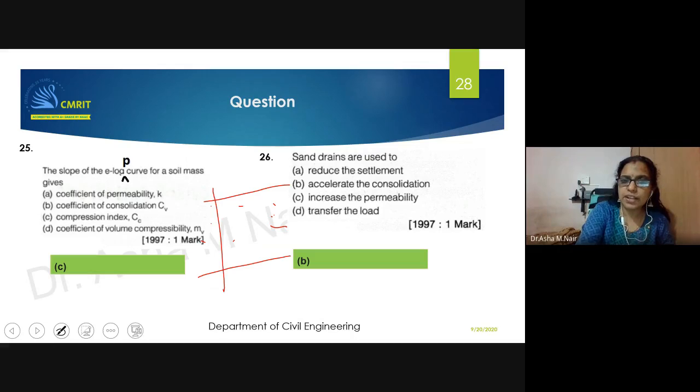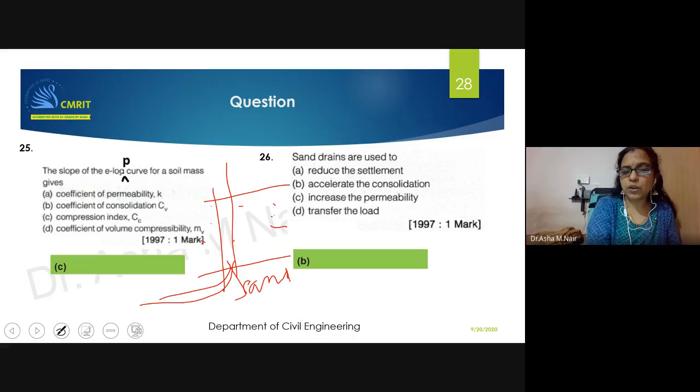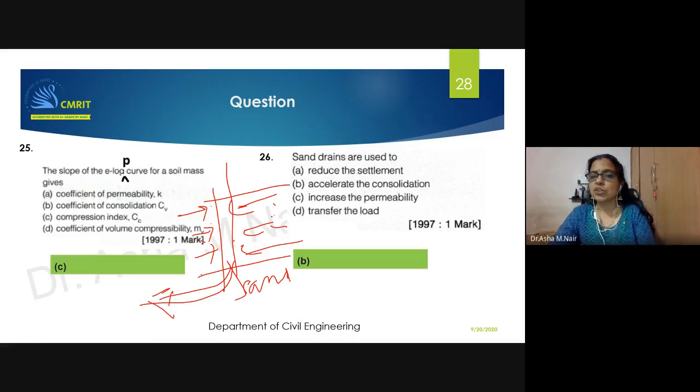We have some drains constructed. They are made up of sand. So the sand will have a higher permeability when compared to that of the surrounding clay. So you will have some mechanism to drain out water, and all this water goes in from the sides. Thereby lots of water can be collected, and this can accelerate the consolidation. So the answer is B.